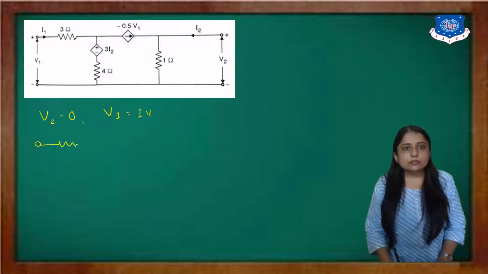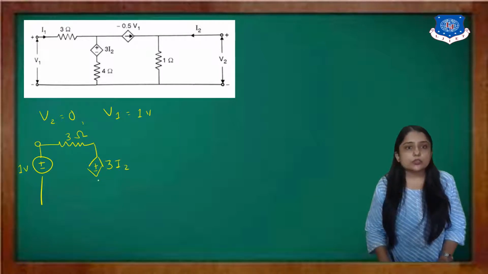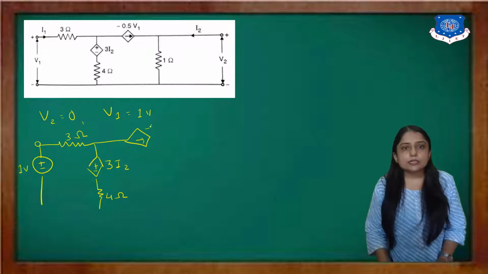See here, this 3 ohm resistor is as it is. Here we will consider 1 volt. Then here I have this dependent source, the value of that source is 3I2. Then here it is a 4 ohm, and this is as it is, right? This is minus 0.5 V1. This is a 1 ohm.